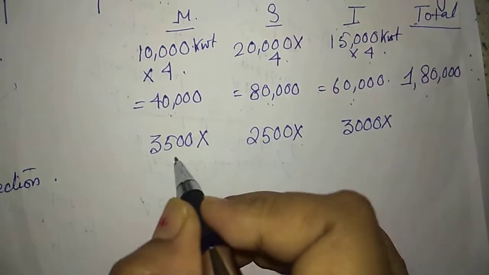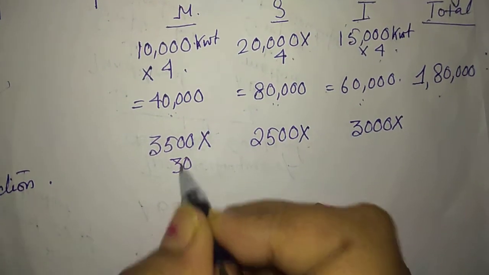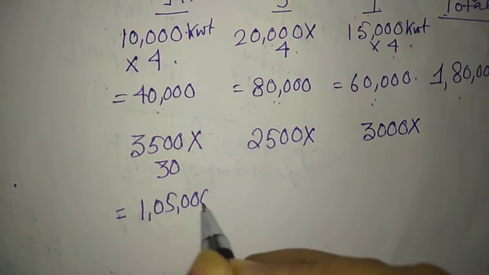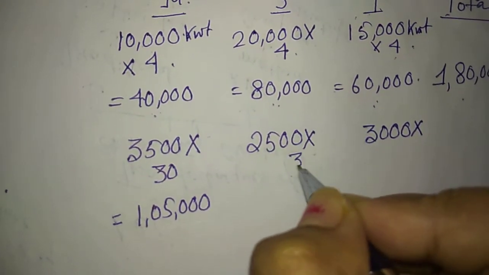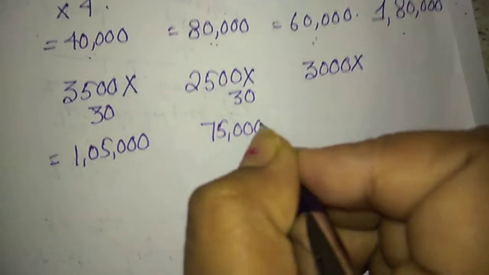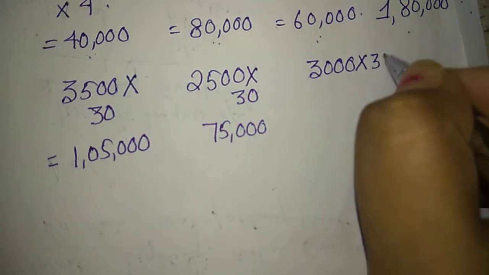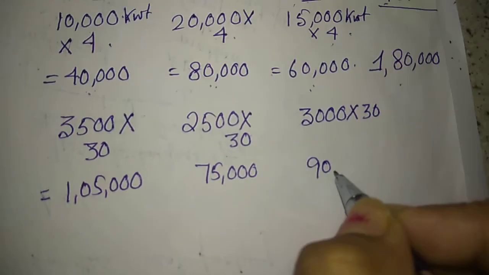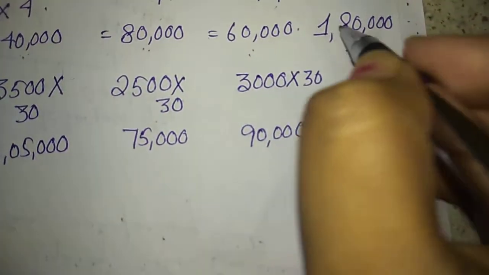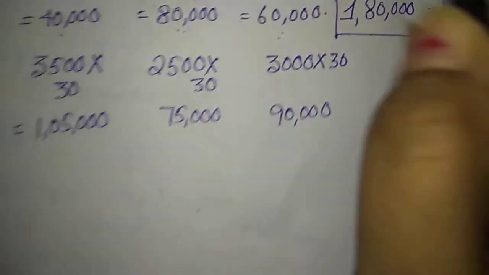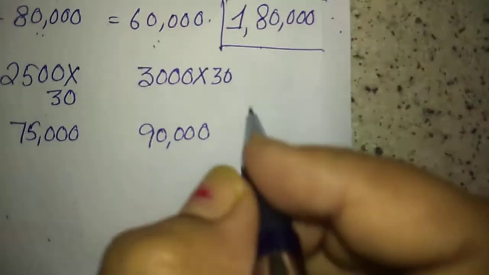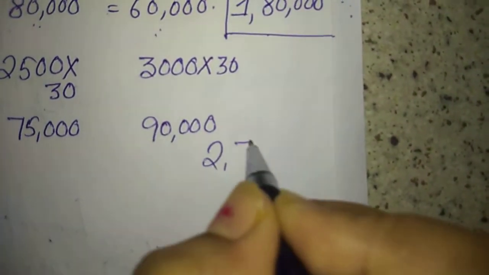So if I inspect the quality 3,500 times, I pay 1,05,000. If I inspect 2,500 times, I pay 75,000. If I inspect 3,000 times, I pay 90,000. So the total payment for quality inspection is 1,05,000 plus 75,000 plus 90,000, which comes to 2,70,000.